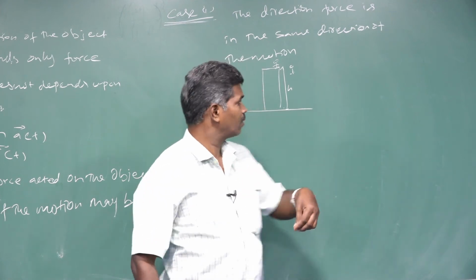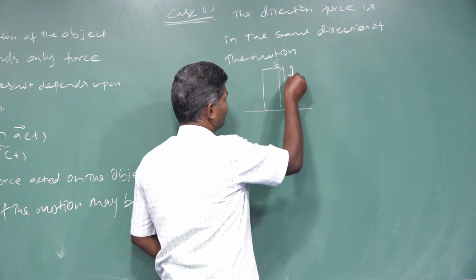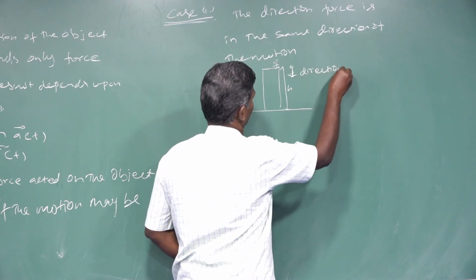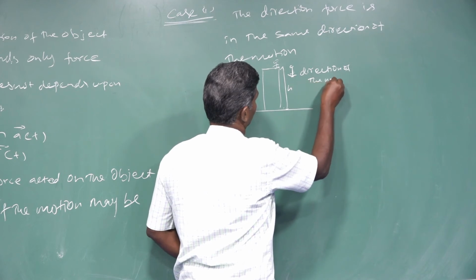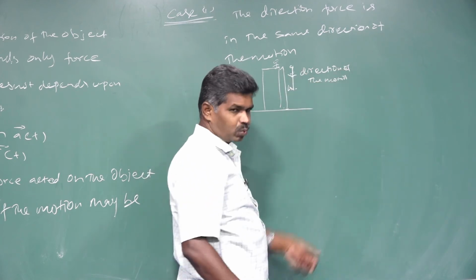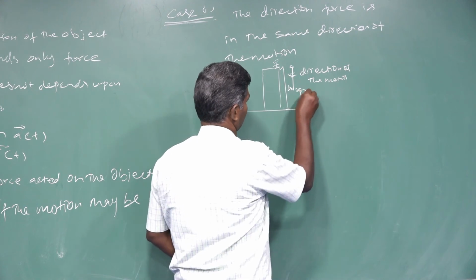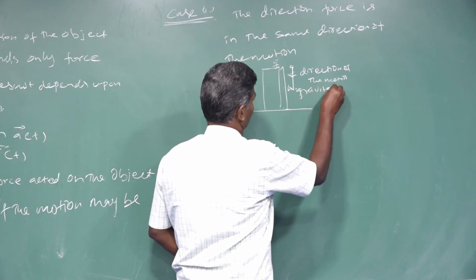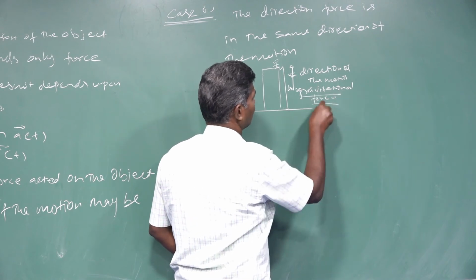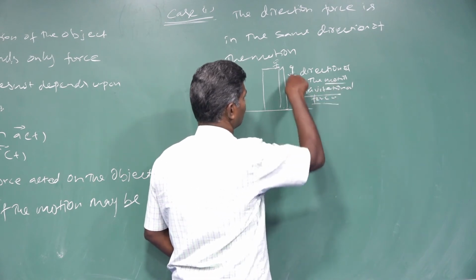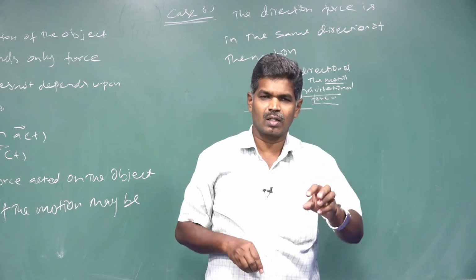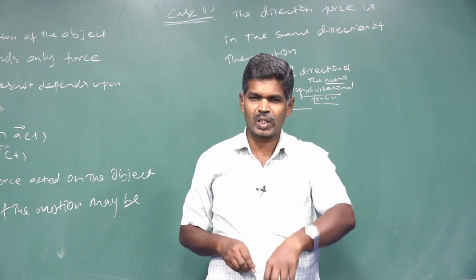So here is the direction of the movement, that is the direction of the motion, as well as the gravitational force acting. So that's why force and motion, both directions, are in the same direction for any object moving towards the ground.